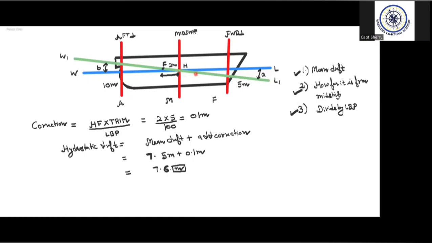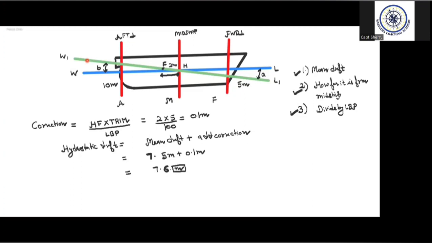If you see this water line here, the draft has decreased, and from here after it has increased, and that is why the vessel has trimmed. Right? Understood? So now your hydrostatic draft will be 7.5 plus 0.1 meter, so it will give you 7.6 meters.